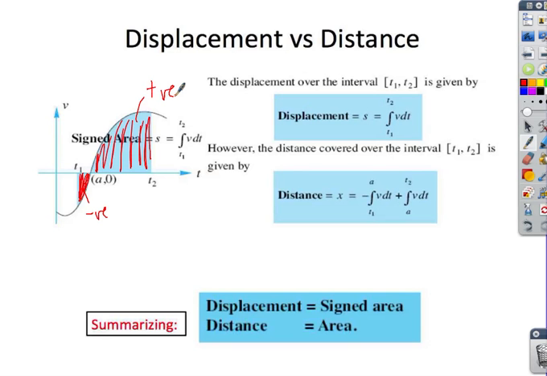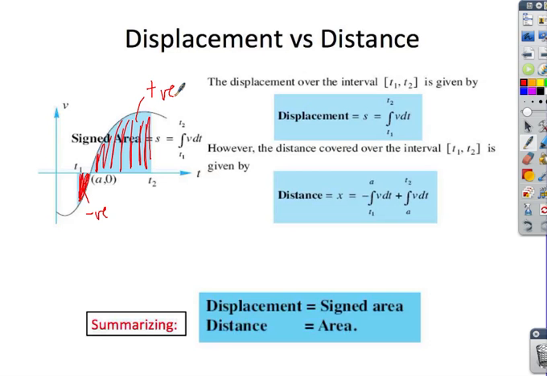and that will give a total displacement. However, with distance, again, because distance equates to area, an area always has to be positive. Now we do have to be very concerned about regions above or below the x-axis, and we have to take those into account and know what kind of area values we'll be getting.